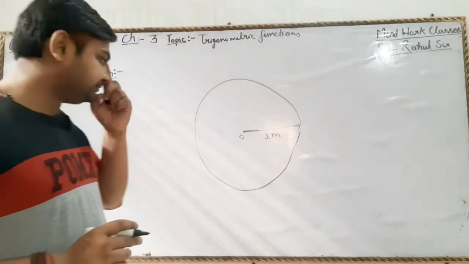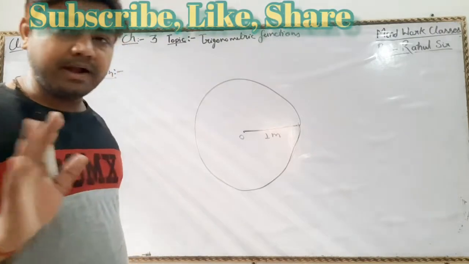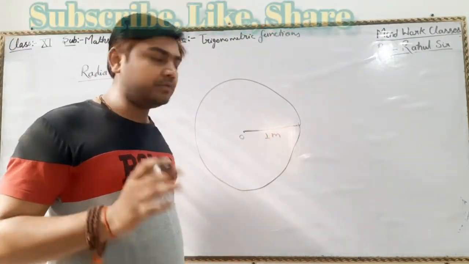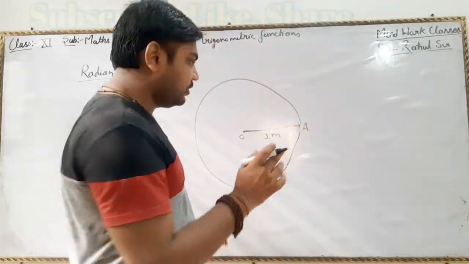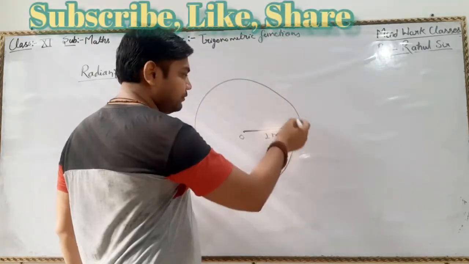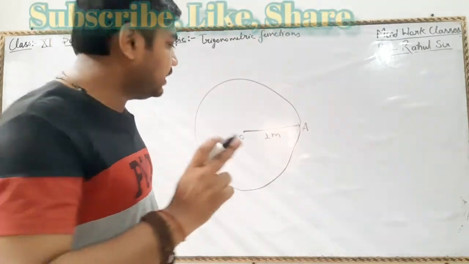Now if we rotate this, the length is 1 meter. Let us say this point is A. We move along this perimeter, and how much do we move?